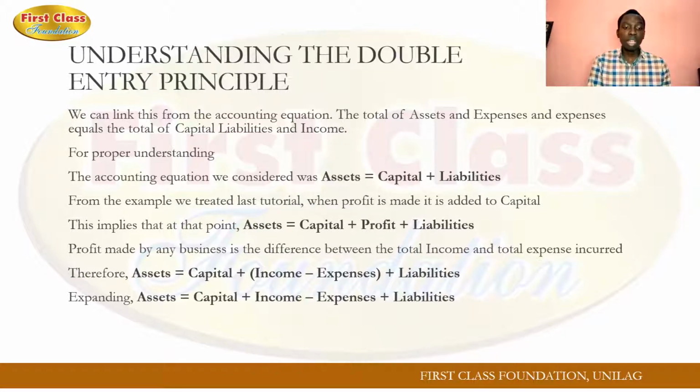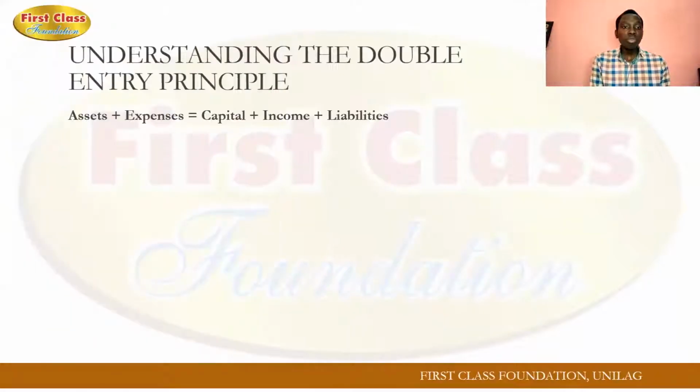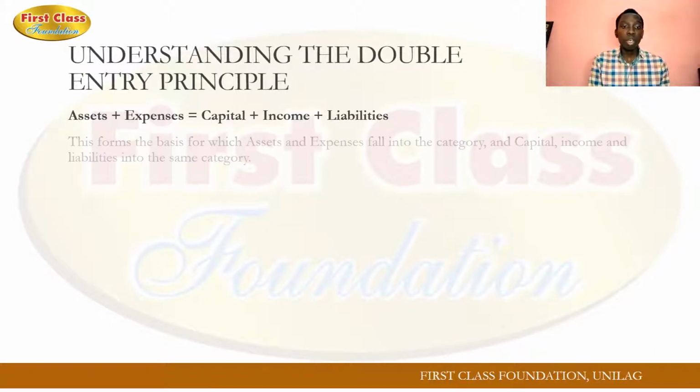If we expand that, we have assets equals capital plus income minus expenses plus liabilities. So which we can express as assets plus expenses equals capital plus income plus liabilities. The total of assets and expenses equals the total of capital, liabilities, and income.